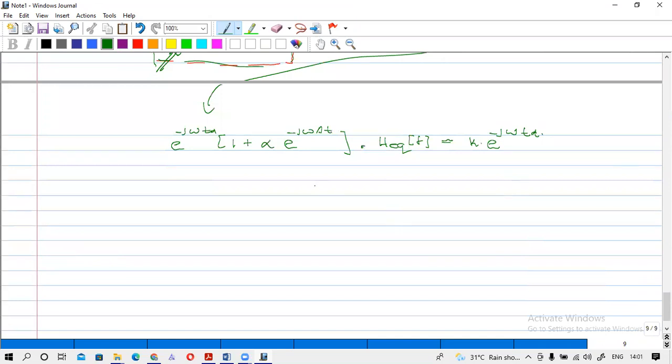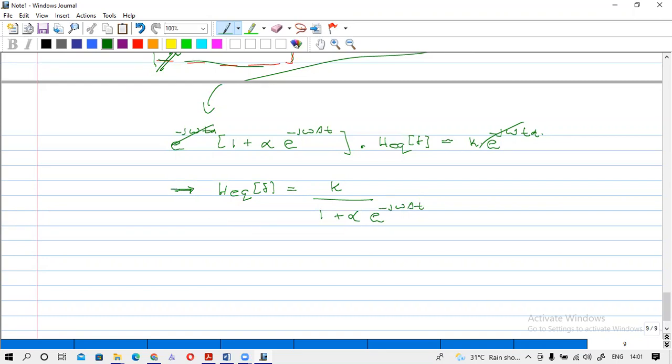So we have this transfer function. Using this we can say that H_EQ, our equalizer transfer function, can be found: this part and this part cancel out, so we get K over 1 plus alpha e to the power minus j omega delta t.